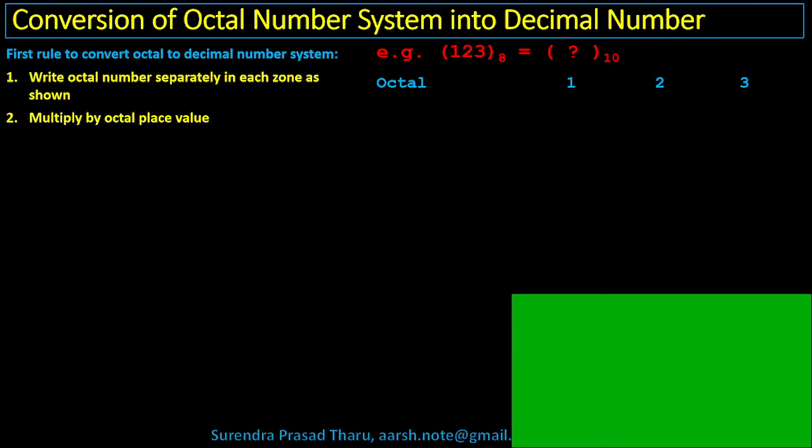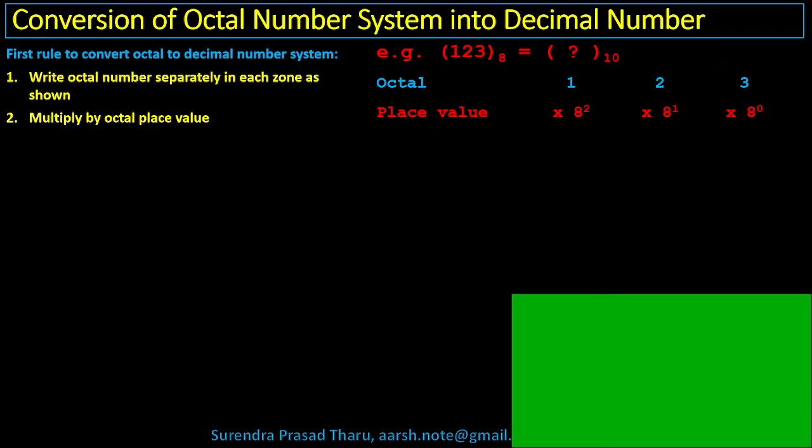Then the second step says to multiply by the octal place value. So what is the octal place value? The octal place value is defined by the power on it. As shown here, the place values are 8 power 0, 8 power 1, 8 power 2.